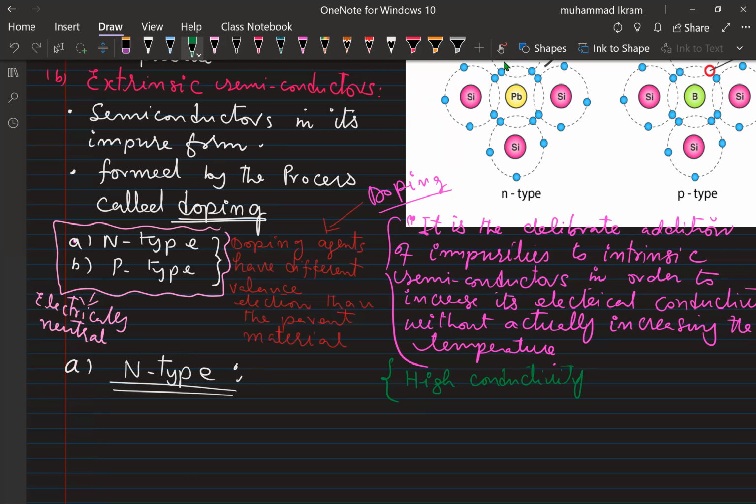And more interestingly, the number of electrons is never the same as the number of holes.